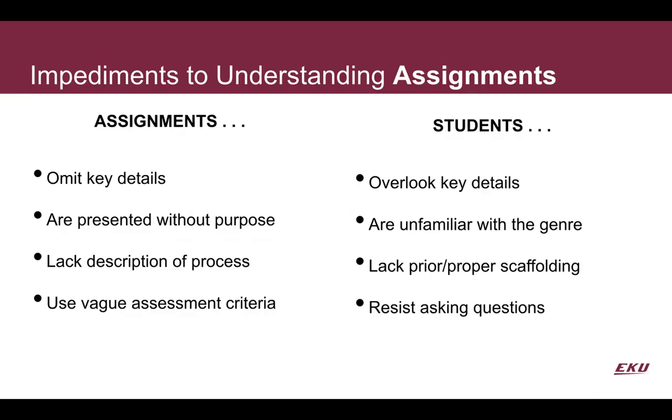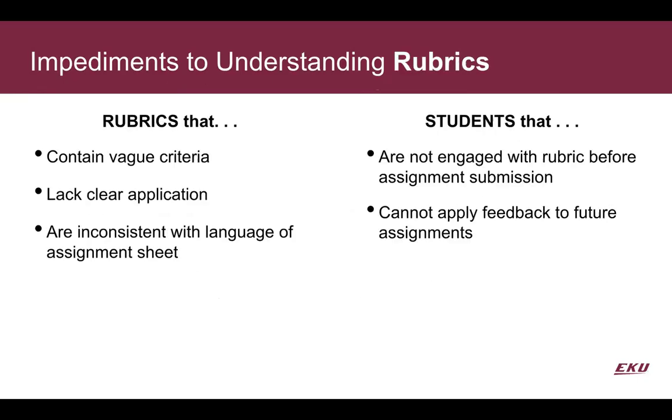If the assignments lack a description of the big process, a general understanding and a step-by-step description, then there will be a lack of proper scaffolding on the student side. And criteria is also a very important part of it. If there is a vague assessment criteria, then students many times just resist asking questions and they do not understand how they will be graded.